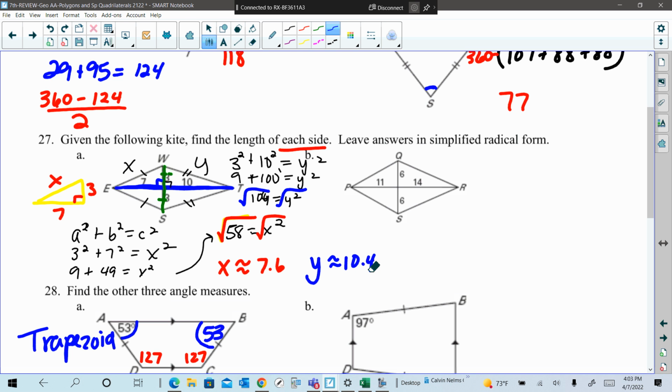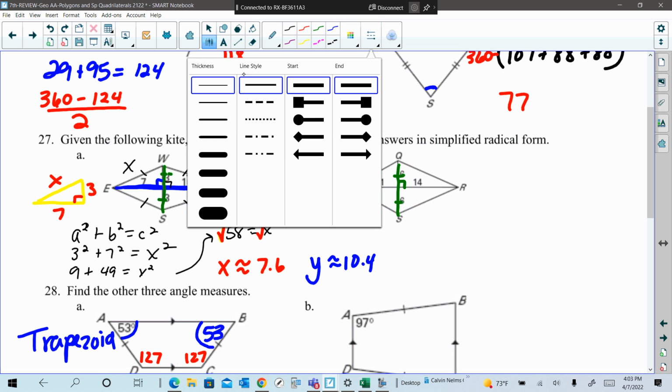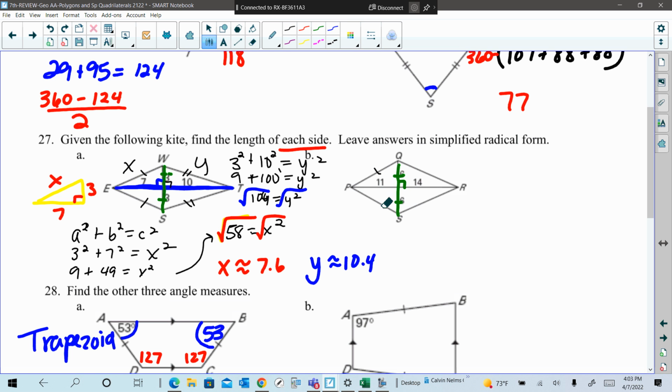We're doing the same thing on this kite here. They showed the 6 and the 6, so I know those are the same. But then we have to remember that those diagonals are perpendicular. To find each side length, remember that two sets of consecutive sides are congruent.